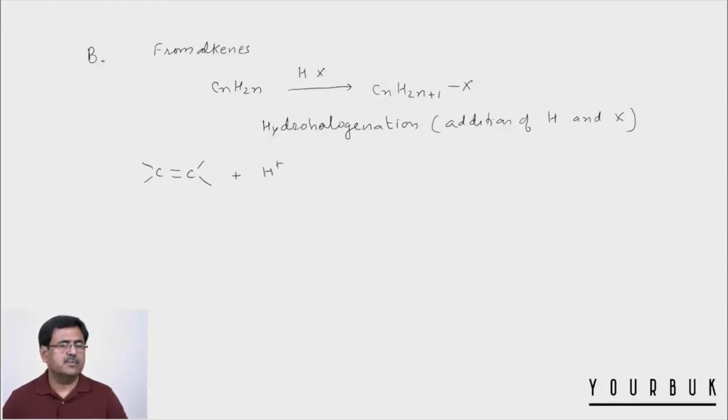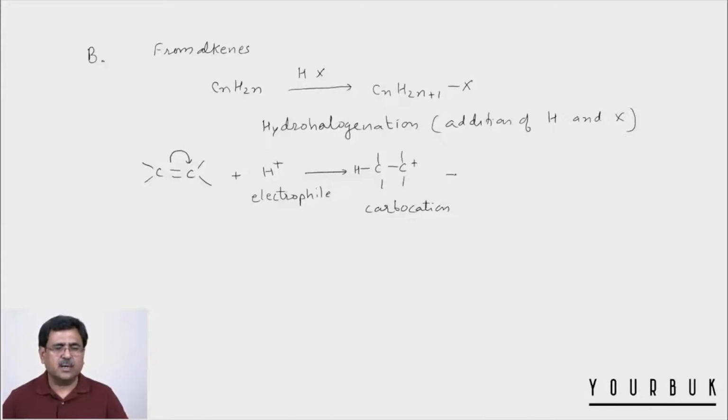Now this H positive is electron deficient, and this electron deficient group is called electrophile. So the first step is the addition of electrophile, and you add H positive to one of the double bonded carbon, and as a result the second carbon acquires a positive charge. And carbon carrying a positive charge is called a carbocation. So the first step is the addition of H positive to form carbocation.